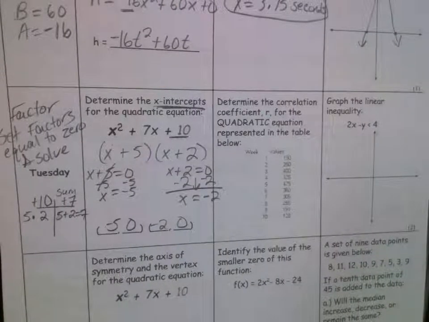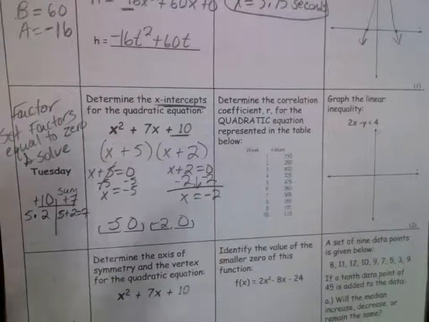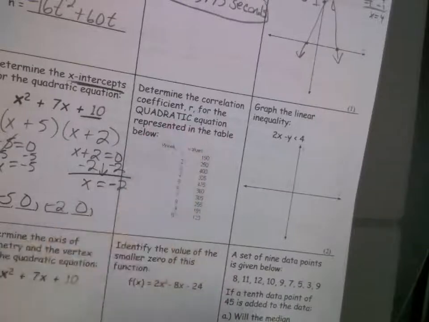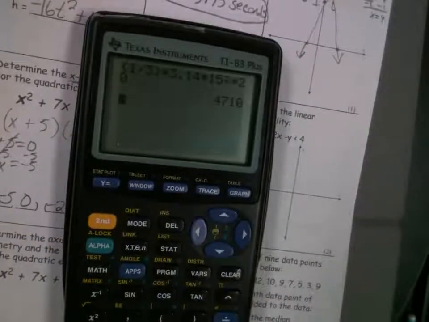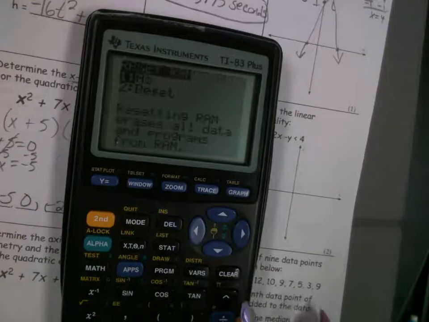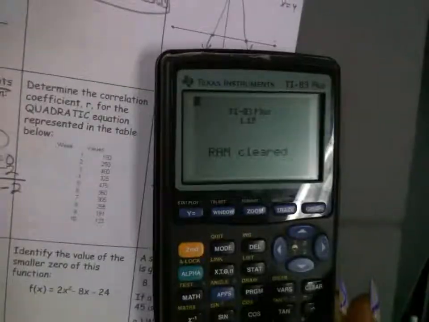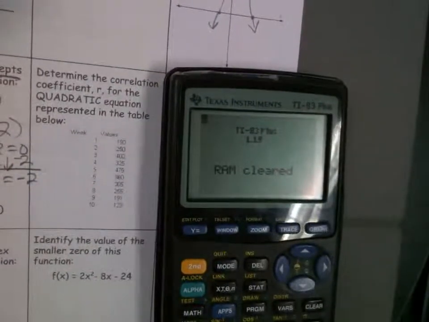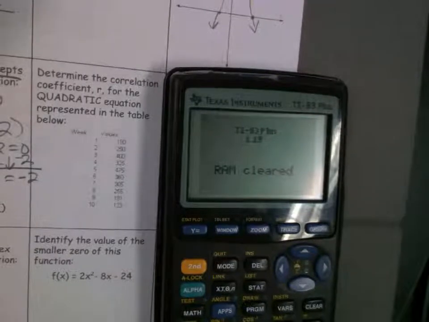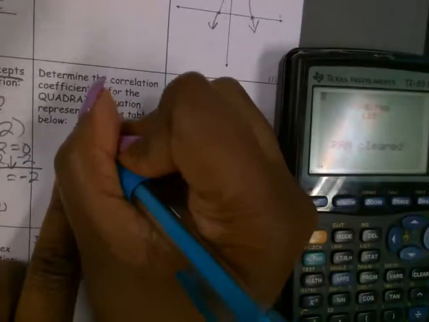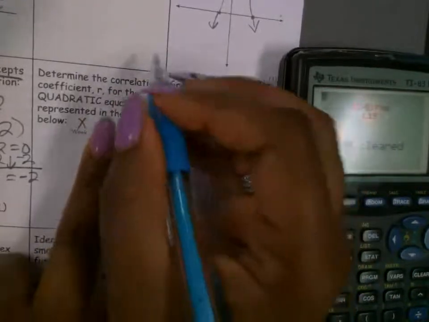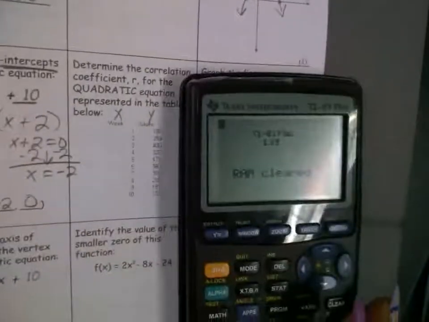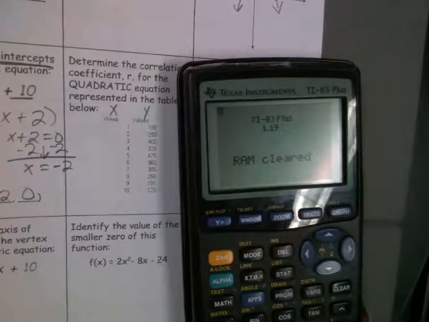I'm going to pause for the calls. Okay, so let's do this next one. It says determine the correlation coefficient R of a quadratic function. So the first thing that we do, I'm going to clear my calculator. My x numbers are going to be my x values. My values here are going to be y. So to type in these values, where do I go in my calculator?